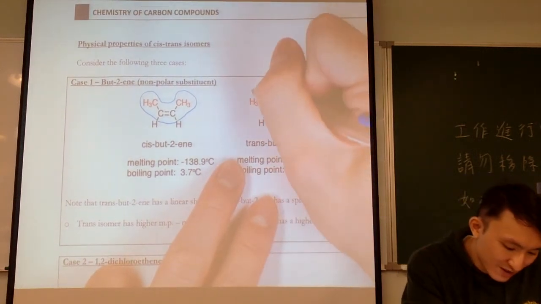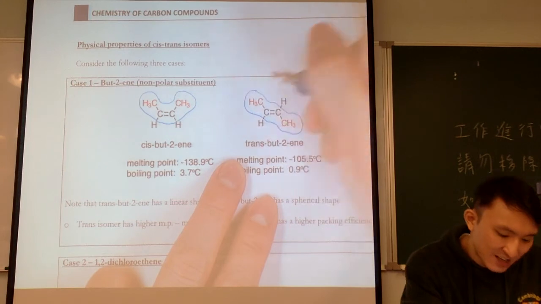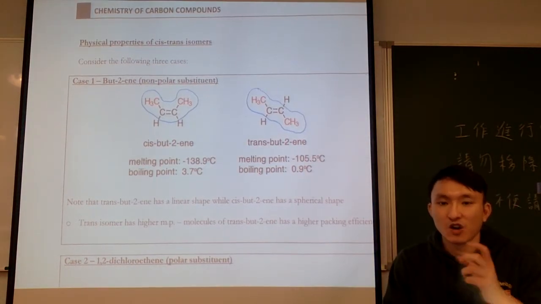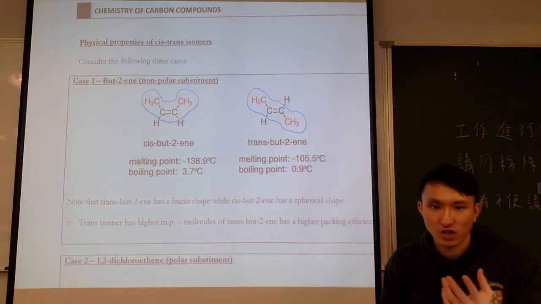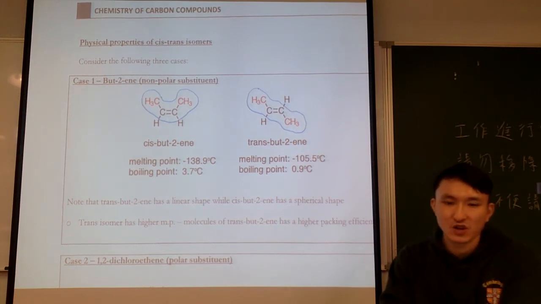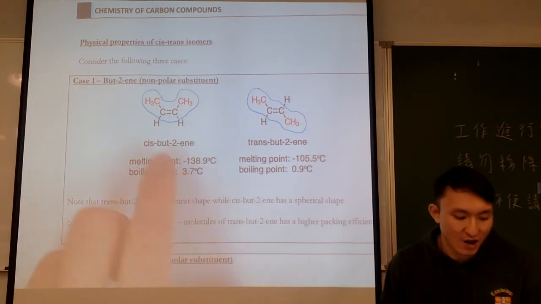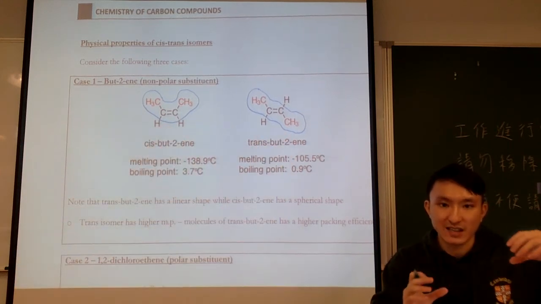But for this one, the electron cloud, now I try to omit the hydrogen atom because the hydrogen atom is very small, so the number of electrons contributed to the electron cloud by the hydrogen atom is not much. If you focus on the larger groups, this one is more like a spherical shape, but this one is more like a linear shape.